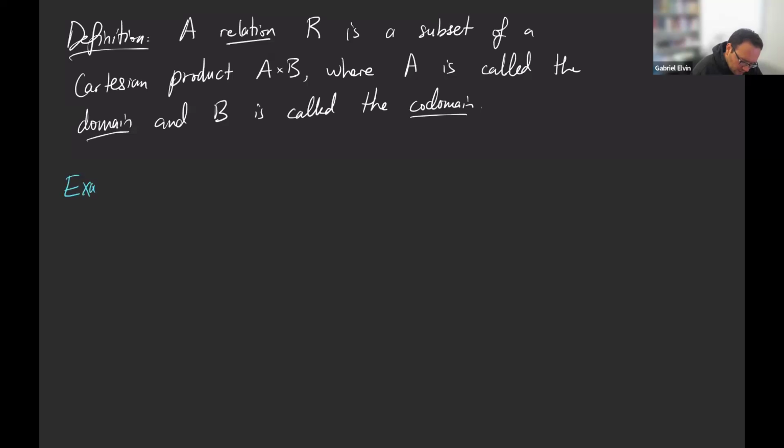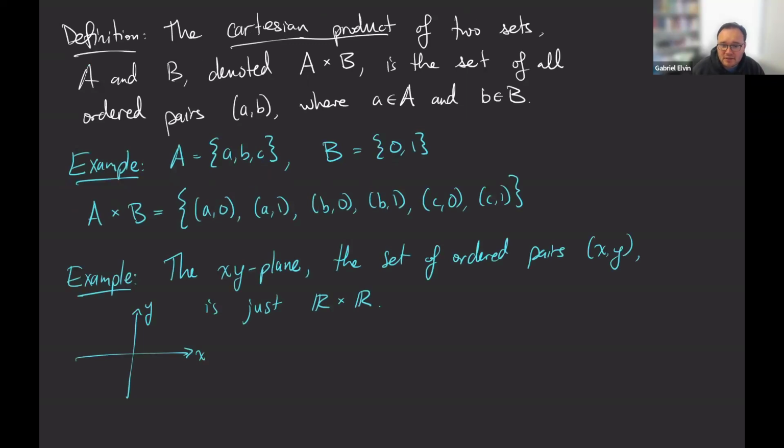So one example would be, A equals, I'll just copy the example we had before, but we'll slap a relation on there. It was {a, b, c} and B is {0, 1}. We know the Cartesian product. It was those 6 elements.